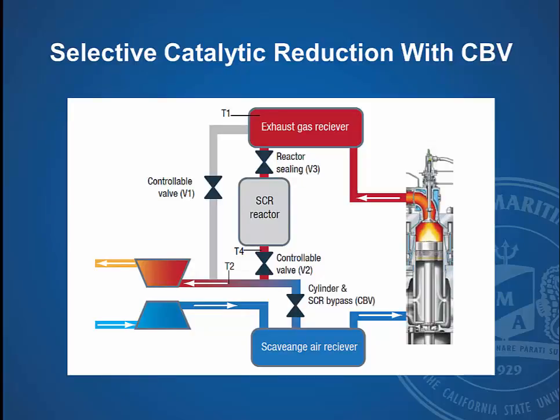So to increase the temperature of the exhaust going into the selective catalytic reduction reactor, the cylinder and SCR bypass valve would open and allow some of the air from the scavenging air receiver to be added into the outgoing exhaust gas. That would reduce the amount of scavenging air entering the cylinder.